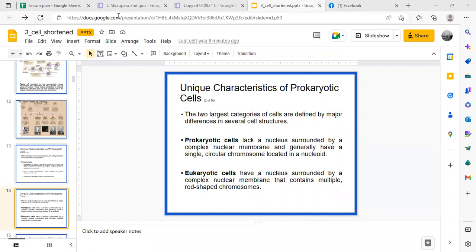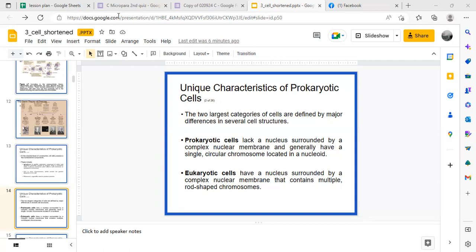So you have prokaryotic cells. Ang main difference yun ng prokaryotic cells and eukaryotic cells, you have a nucleus for eukaryotic cells. Tapos yung marami kang mga organelles sa eukaryotic cells.